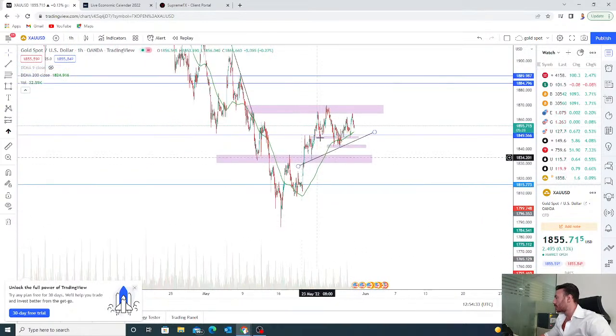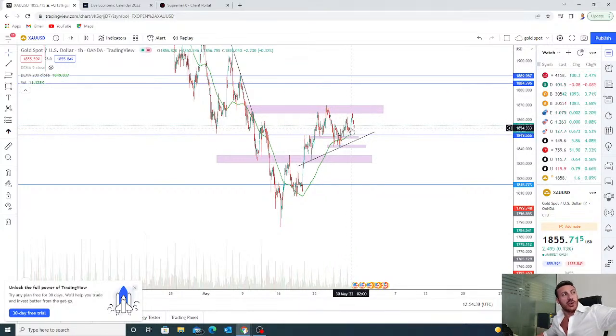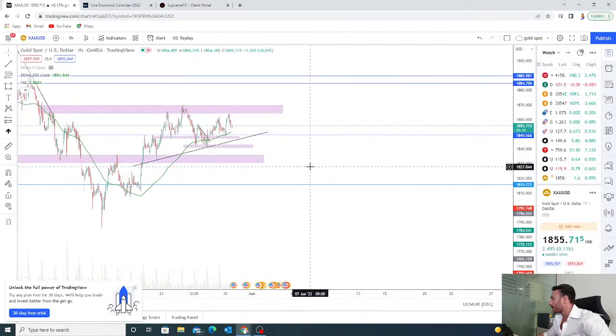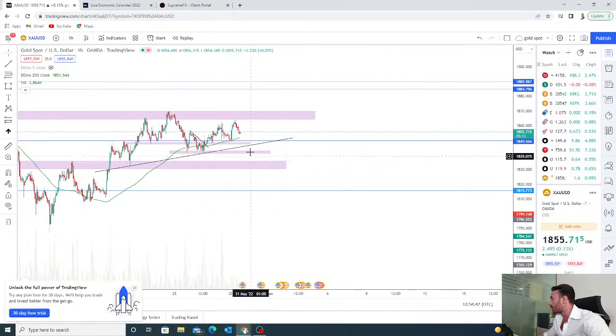You can see gold has been consolidating in this area, triggering some bullishness.